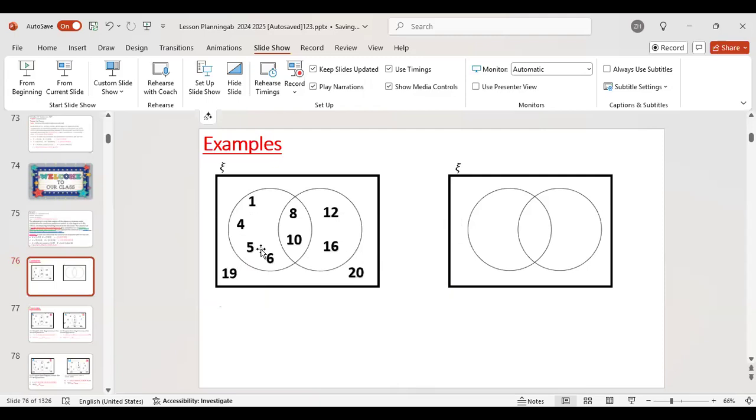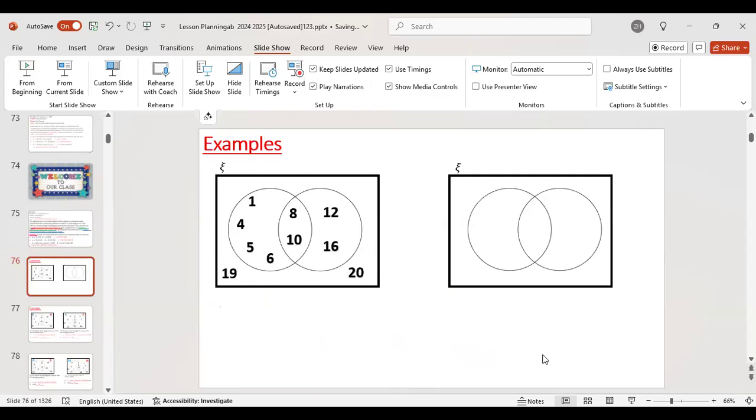So we have 1, 4, 5, 6, 8, 10, 12, 16, 19, and 20. And that's what we have in our set.